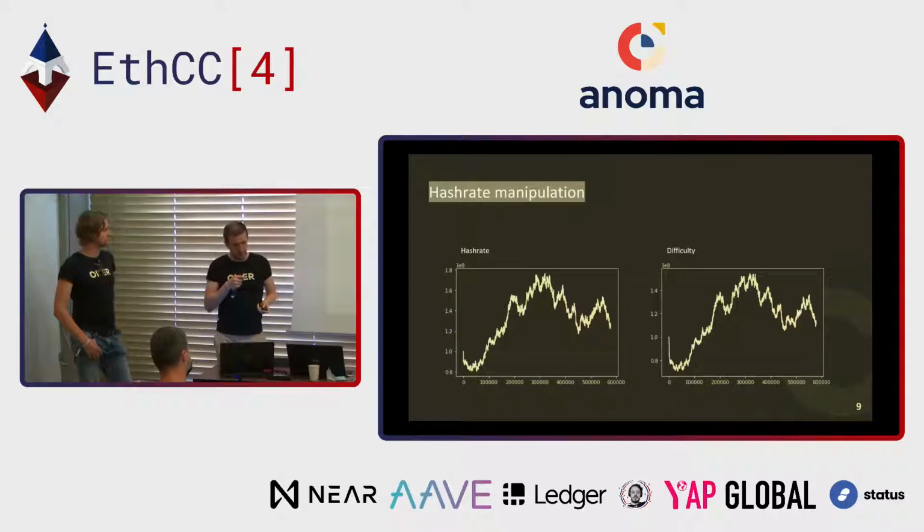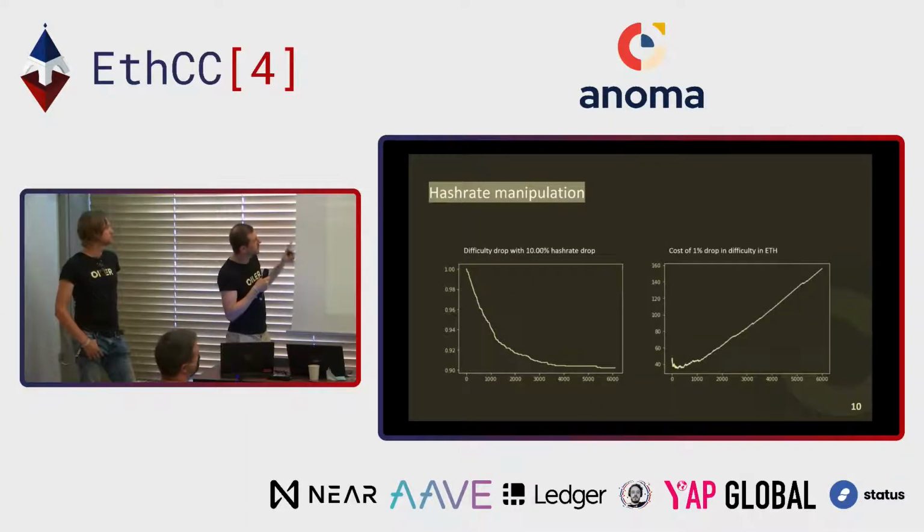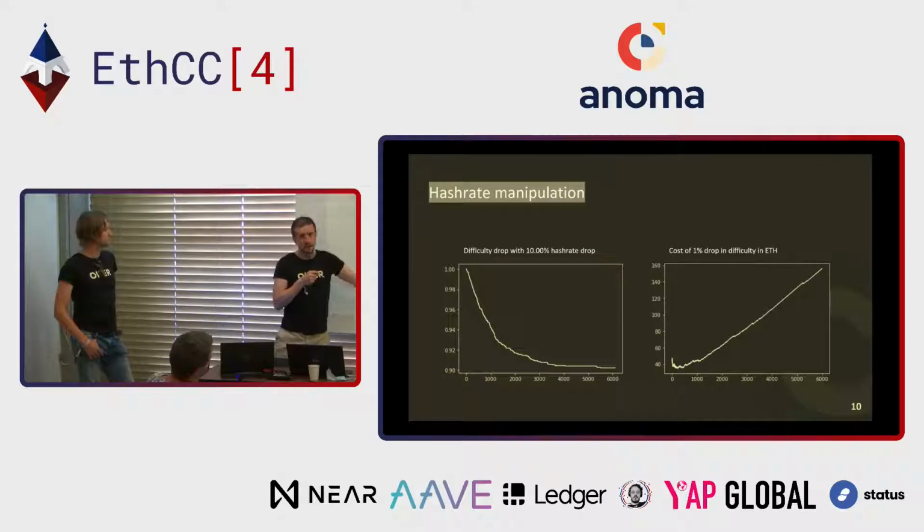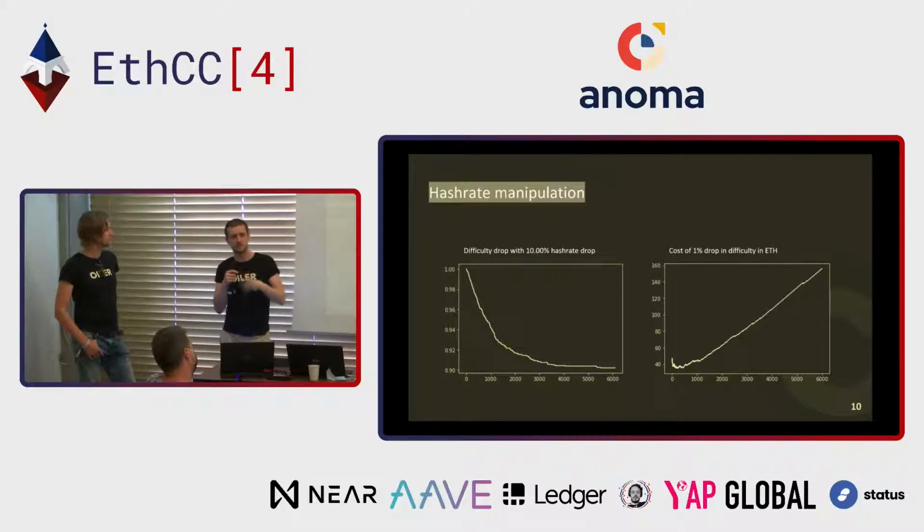This is slightly delayed, as we'll see. This is an example of what happens if a bigger mining pool with 10% of the hash rate decides to switch off their miners. They remove 10% of the hash rate, and the difficulty slowly goes down over 24 hours. It will adjust and go 10% down.